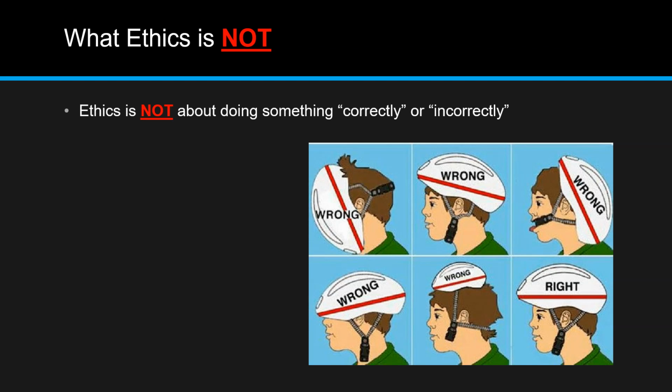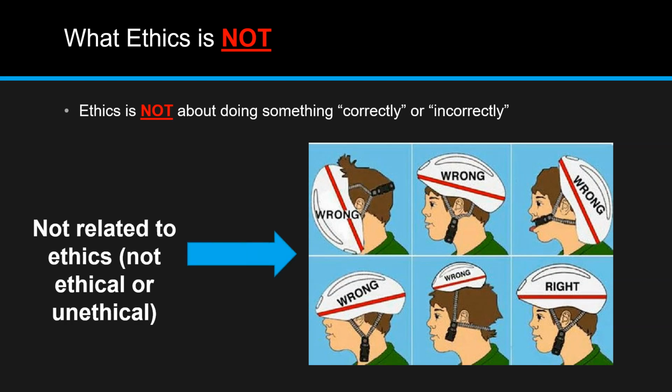The wrong ways won't allow his head to be properly protected if he falls. So he should wear it the right way so that he doesn't hurt his head. But this is not an issue of ethics. Just because he's wearing his helmet correctly or incorrectly doesn't mean he's using ethics or not using ethics.